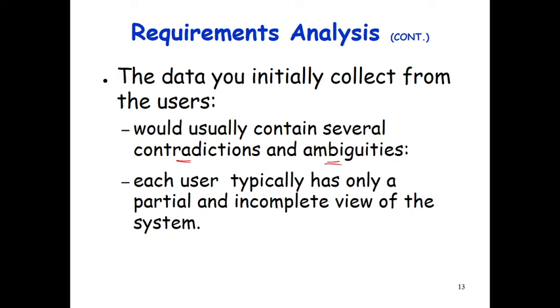So there may be some contradictions. That means if you are taking interviews of 100 people, maybe there are some contradictions between their needs. All those needs you may not provide in your software, but after analysis you need to take some decisions, that yes, this type of thing can fulfill all their demands. So you need to analyze those.